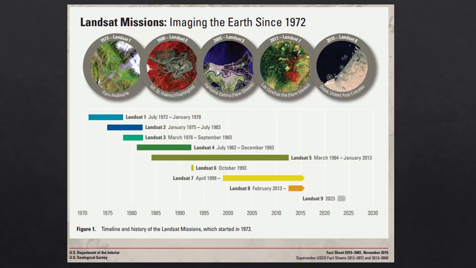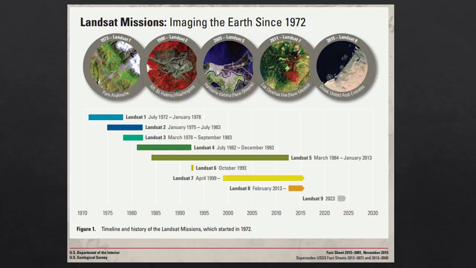Landsat satellites have been collecting information about our world since 1972. The purpose of a satellite is defined by its spatial, temporal, and spectral resolution. The spatial resolution of the Landsat sensor is 30 by 30 meters, meaning that a 30 by 30 meter area on the ground is averaged into one value.